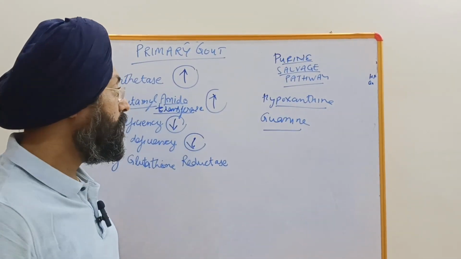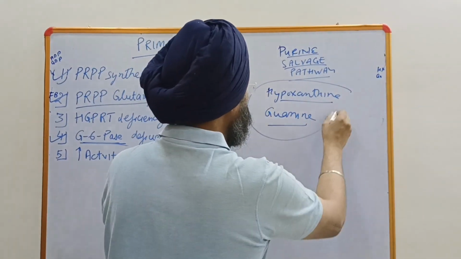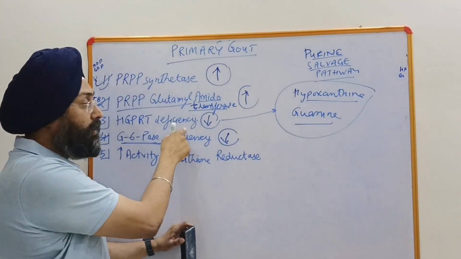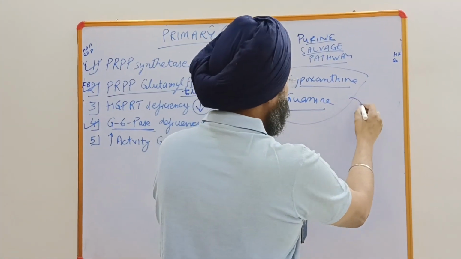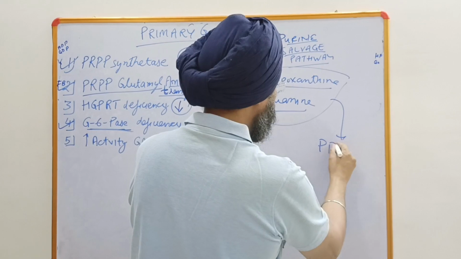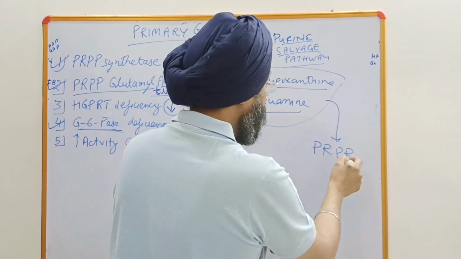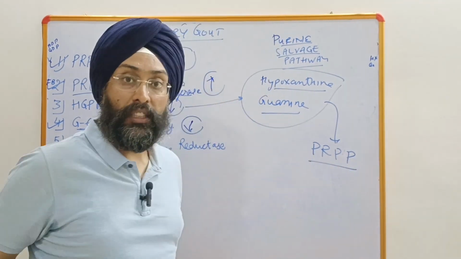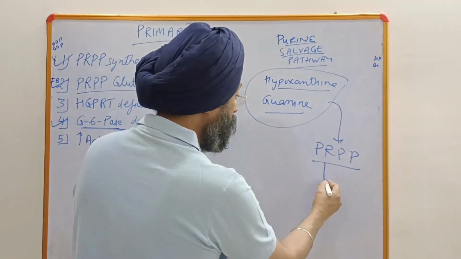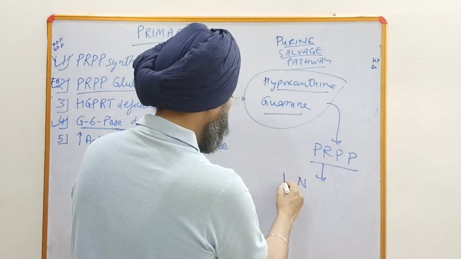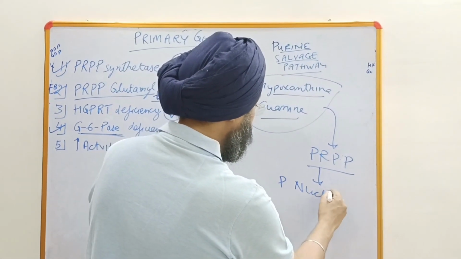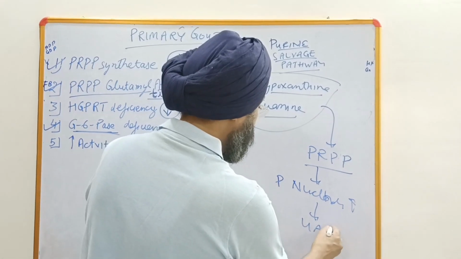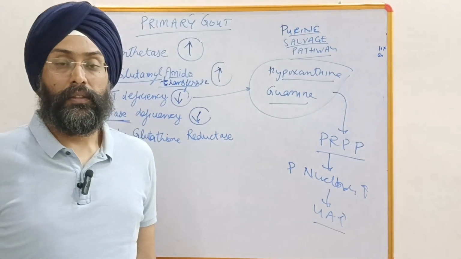They cannot be utilized, due to deficiency of hypoxanthine guanine phosphoribosyl transferase, right? So this will lead to accumulation of phosphoribosyl pyrophosphate and diversion towards this pathway, ultimately leading to increased purine nucleotides and ultimately leading to increased uric acid production, right?